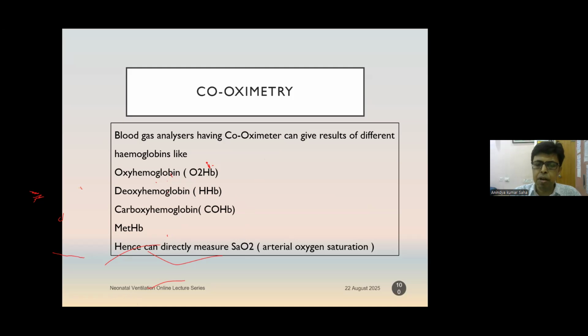So if the sample is arterial, then it can give a reliable SaO2. But if the sample is not arterialized, capillary or venous, then it is not reliable. So if the machine has a co-oximeter, it can give additional saturation of hemoglobin as a report along with the strip.